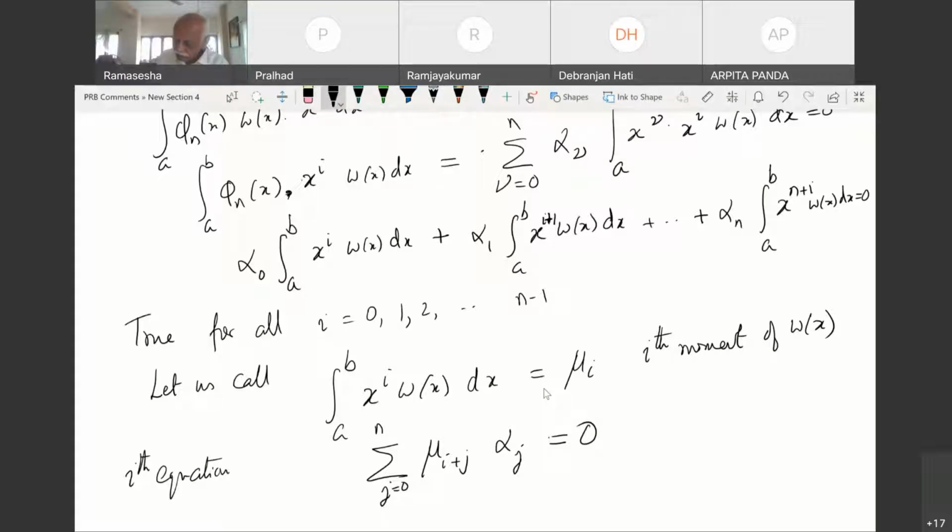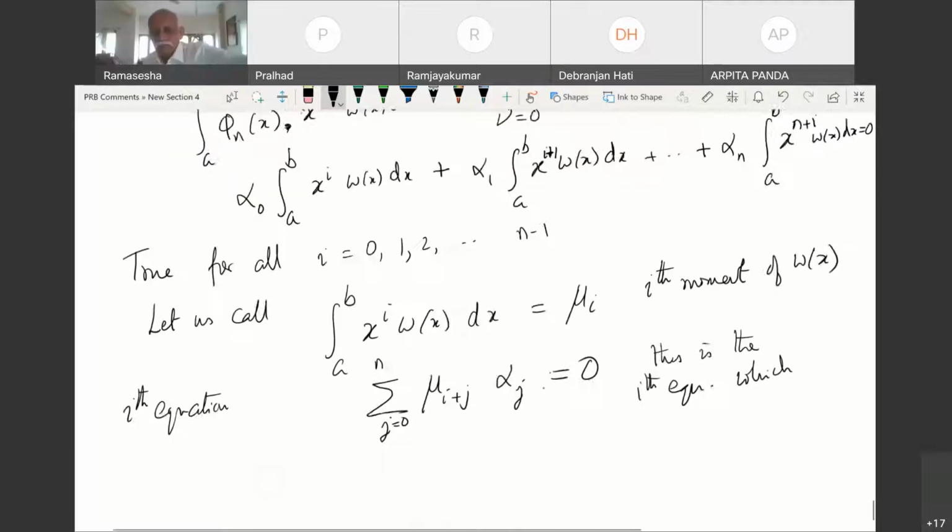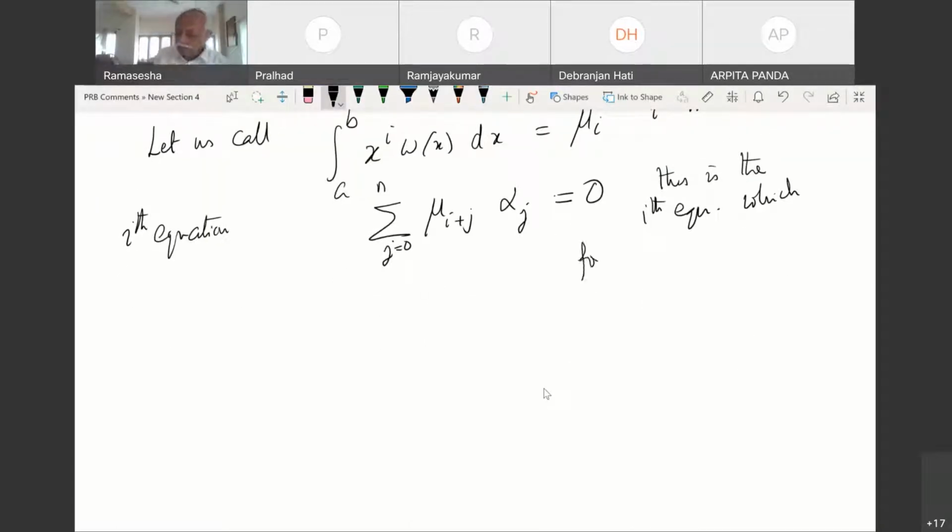This is the ith equation, which forces orthogonality for phi n of x.